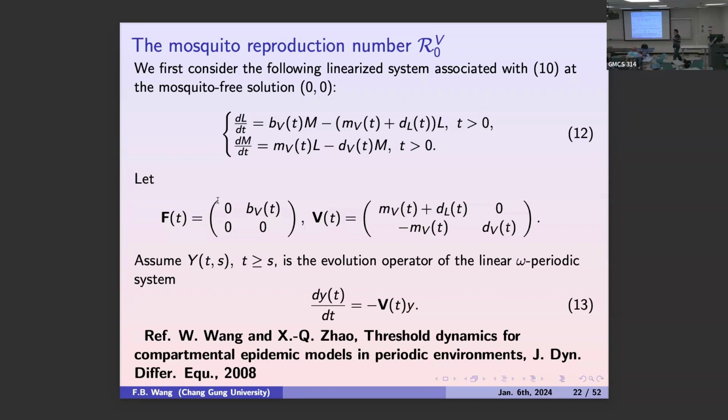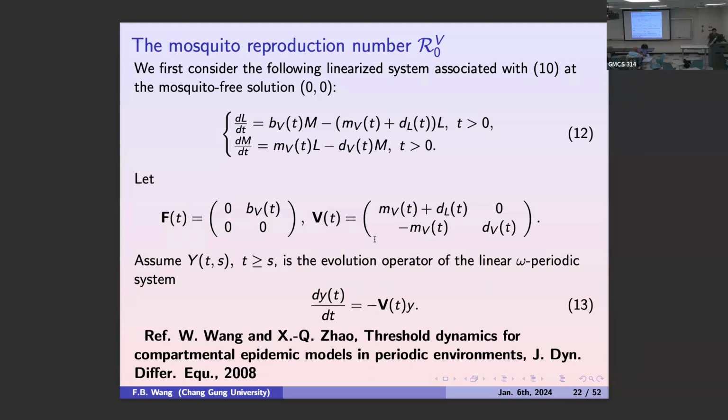And how can we define the reproduction number for the periodic system? I just use the theory developed in this paper. Basically, our linear system can be divided into two parts. One is the so-called new infection, matrix F. Matrix F is related to the new infection, and matrix V is related to the so-called internal evolution.